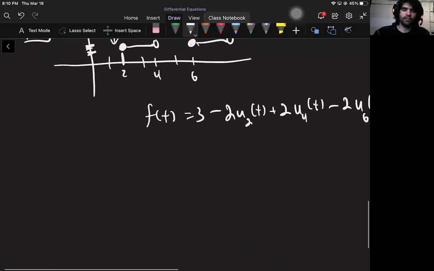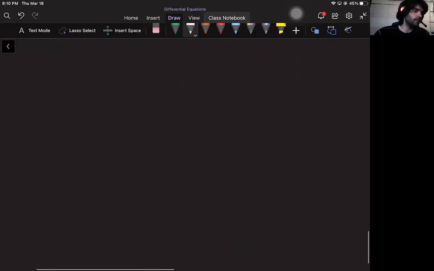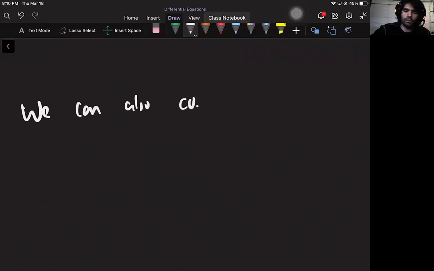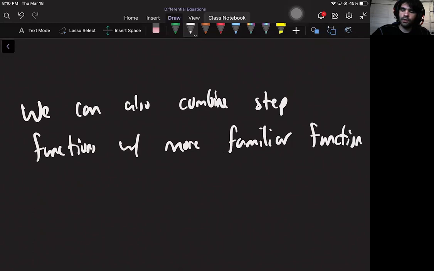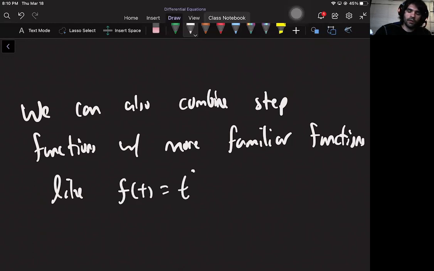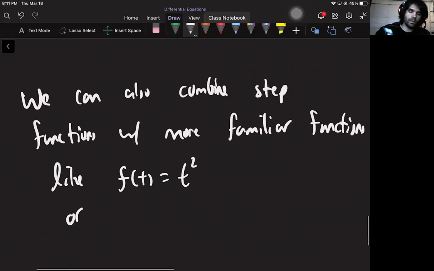We can also combine them with more familiar things. So let's see that too. So we can combine step functions with more familiar functions that you're super used to using. So things like t squared and stuff like that, or sine of t.